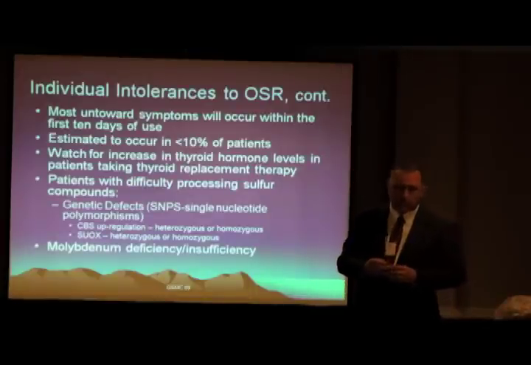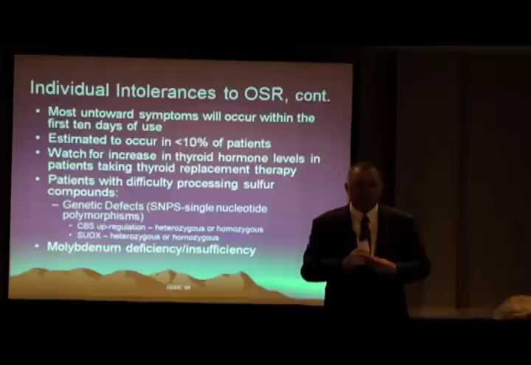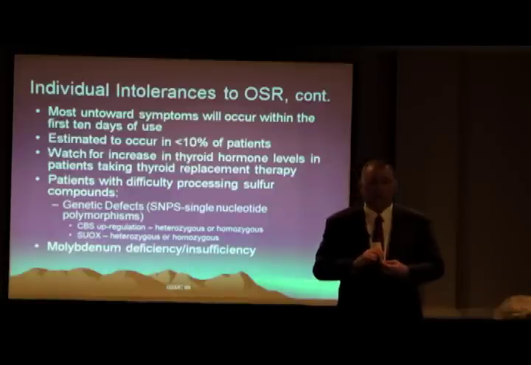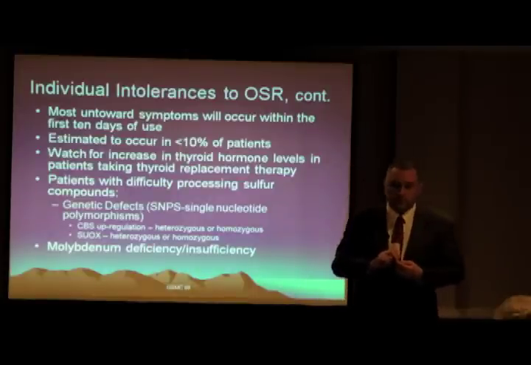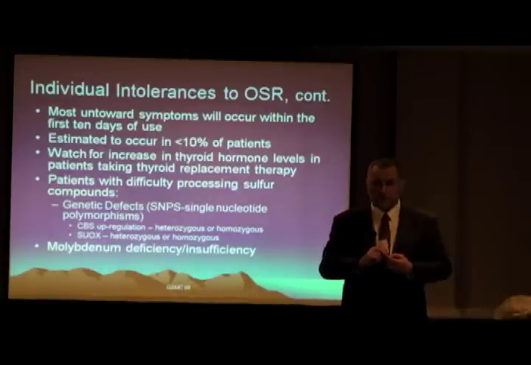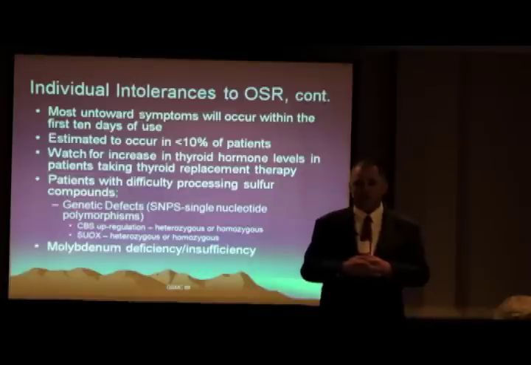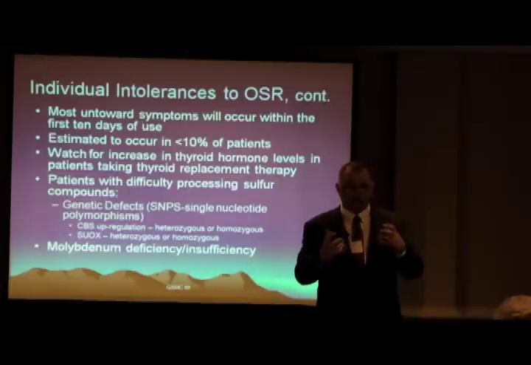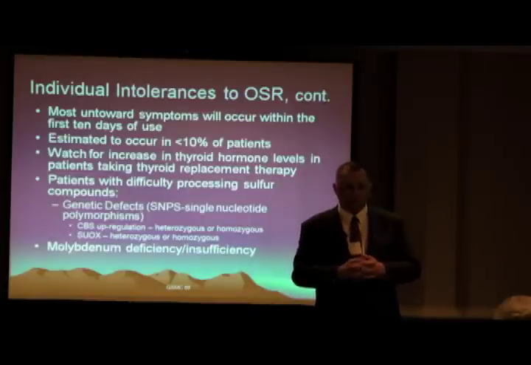Patients with difficulty processing sulfur compounds are going to have problems with OSR, because OSR, as you saw in its chemical formula, is a sulfur-containing compound, and it's the sulfur that makes it as effective as it is.